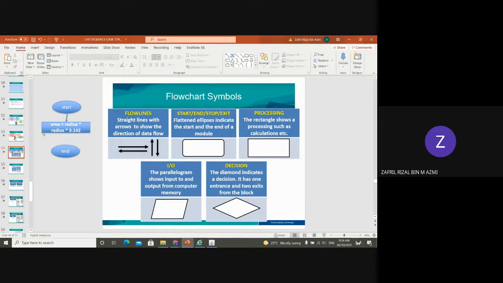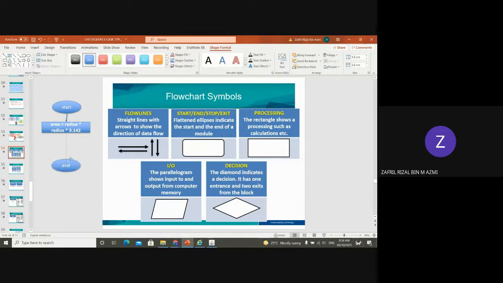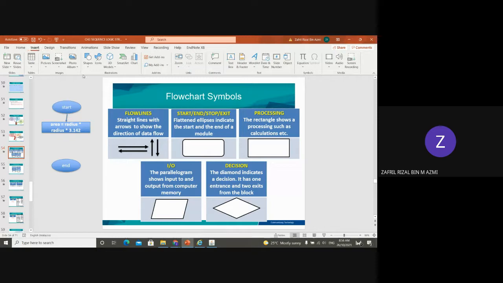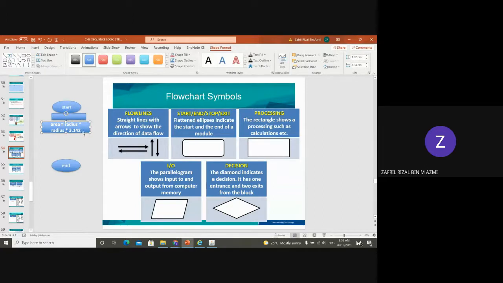And this also, okay, rectangle also can be used for initialization. Okay, initialization is something like this. For example, initialization: pi equal to 3.142. Example.